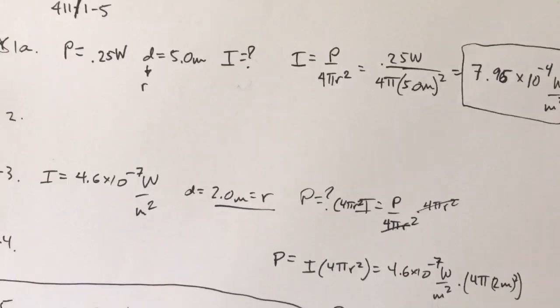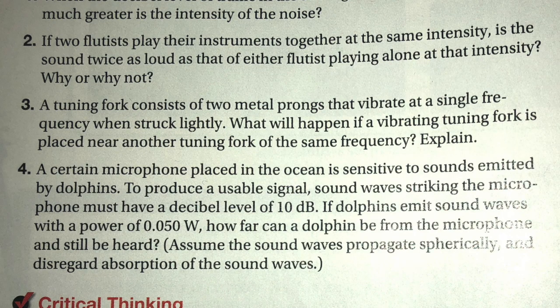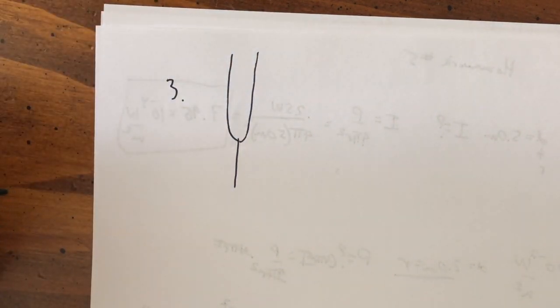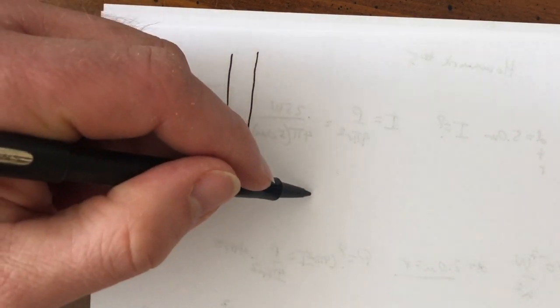All right, number 3. The tuning fork consists of 2 metal prongs. Looks like that. And it vibrates at a single frequency. So what will happen if a vibrating tuning fork is placed near another tuning fork of the same frequency?